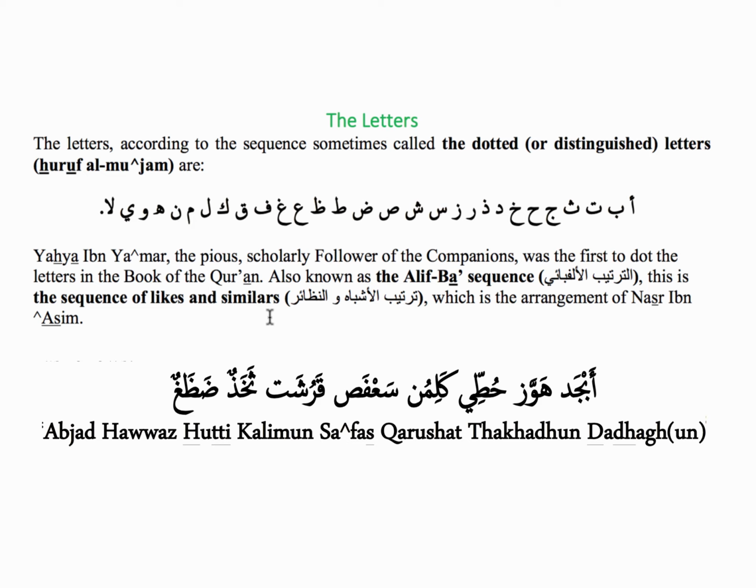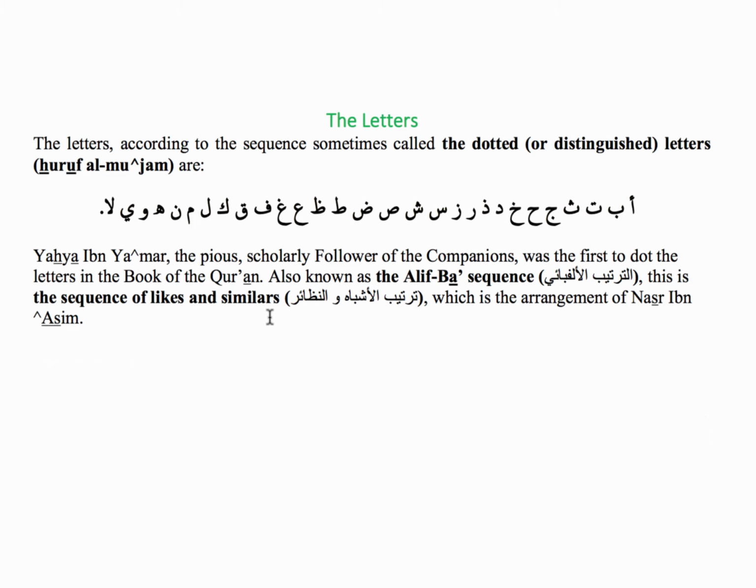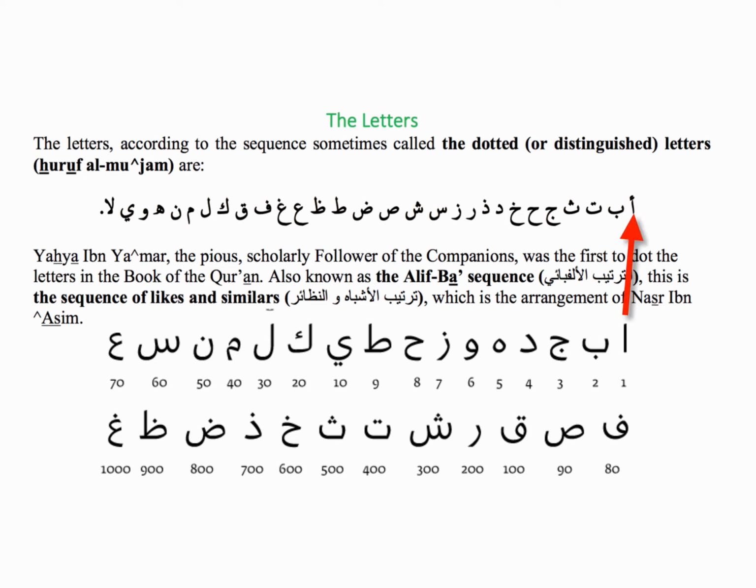That's abjad hawwaz hutti kalimun, sa'fas qarashat thakhadhun daghhun. If you want, memorize that. It's very helpful. You don't know how that will help you someday, and it will, inshallah, so memorize that. It starts with alif and then ba, but then it goes to jim and then dal.